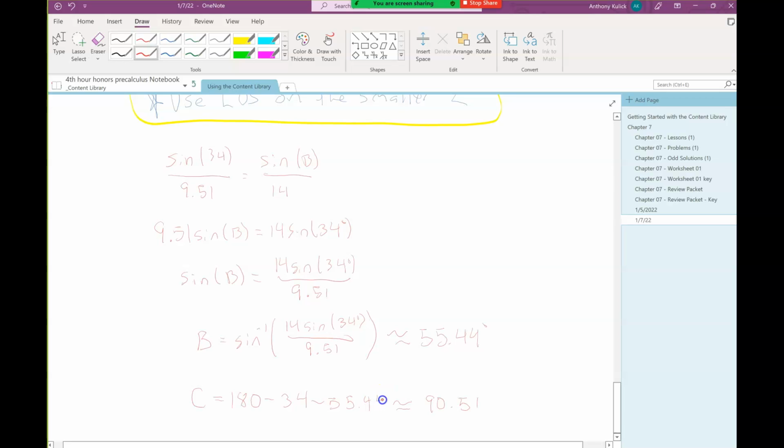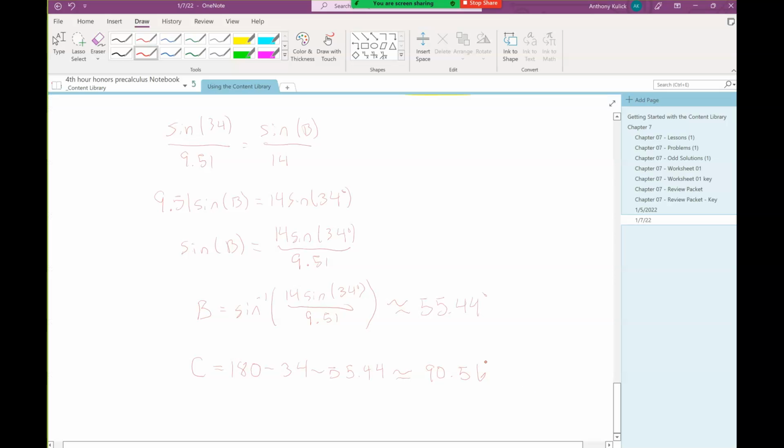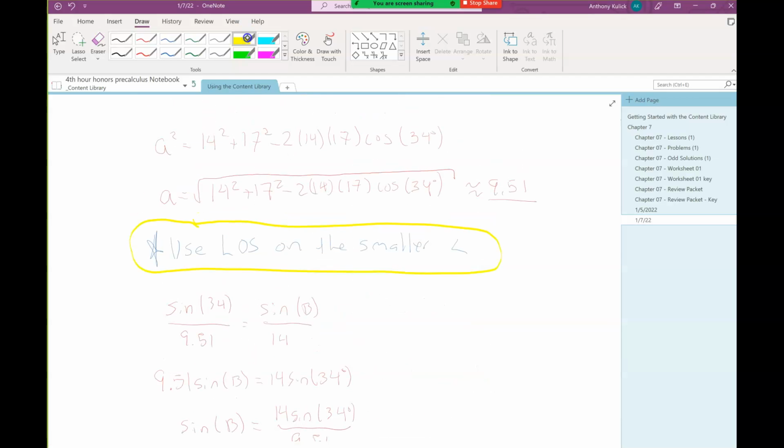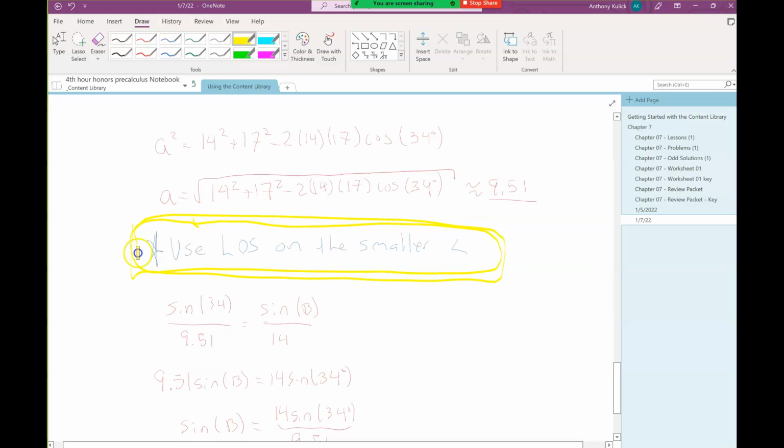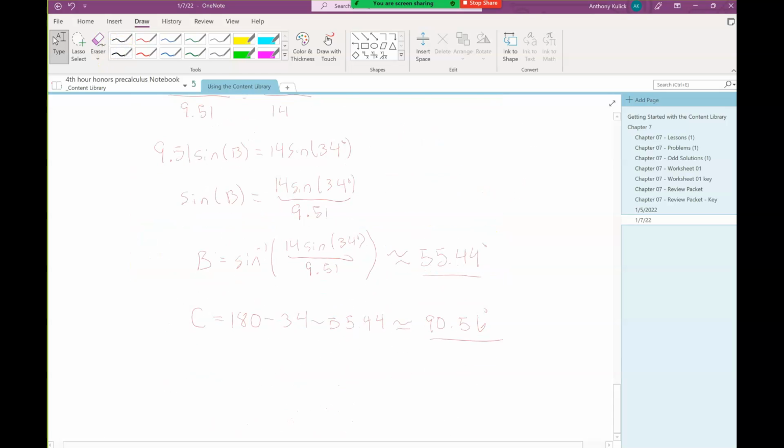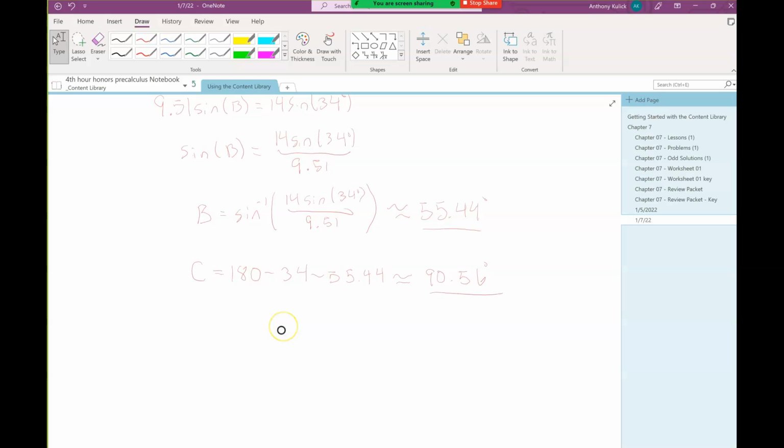Oh, 5544. What do you guys think on that? Not too bad, right? The only thing that we really have to be careful about is making sure that you're solving for the smaller of the two angles first. Okay.